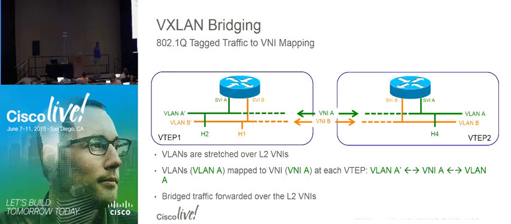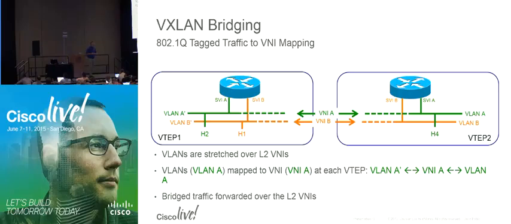Let's have a closer look at the bridging side. I promised I'm going to explain why VLAN A and VLAN A prime could be a completely different number, because the VLAN becomes only locally significant. When I look at VXLAN, I'm not using VLANs anymore, right? I'm using VNIDs. I use a different way, an abstracted way of a VLAN, of a segment, the layer 2 segment in that case.